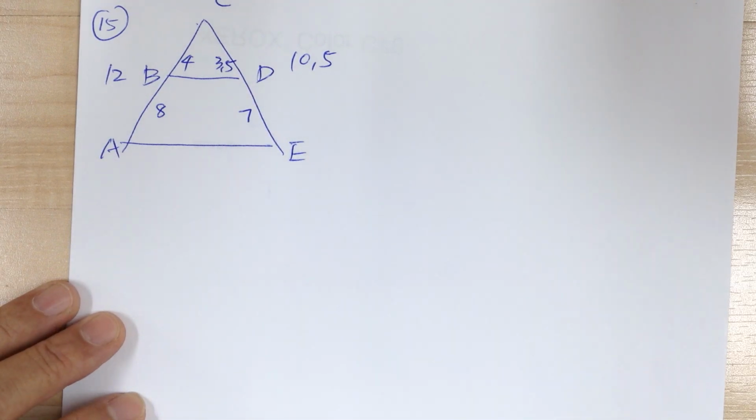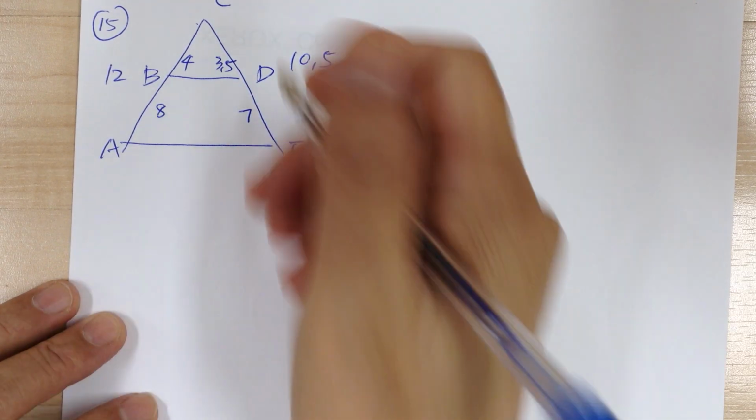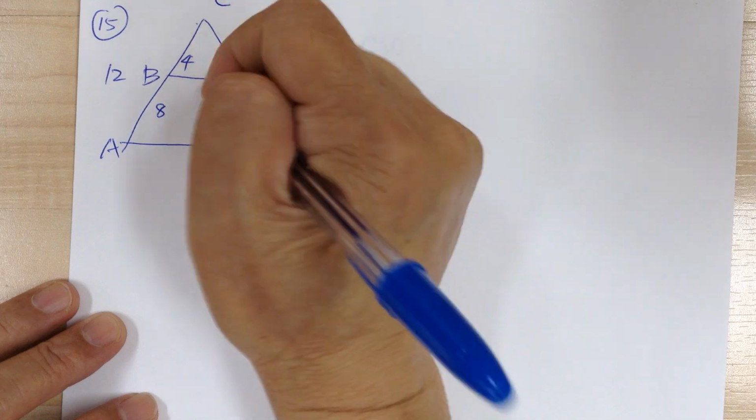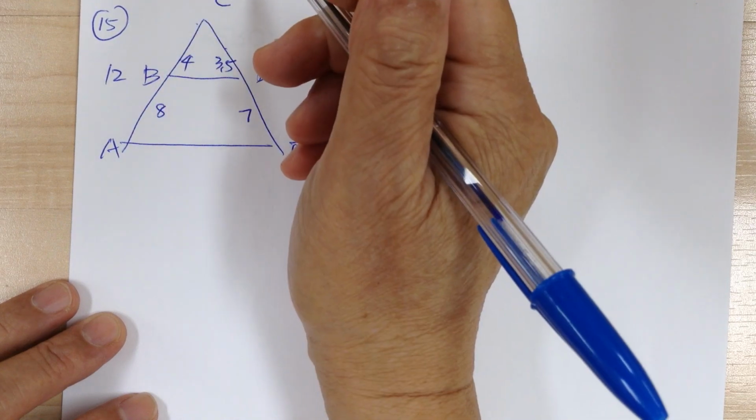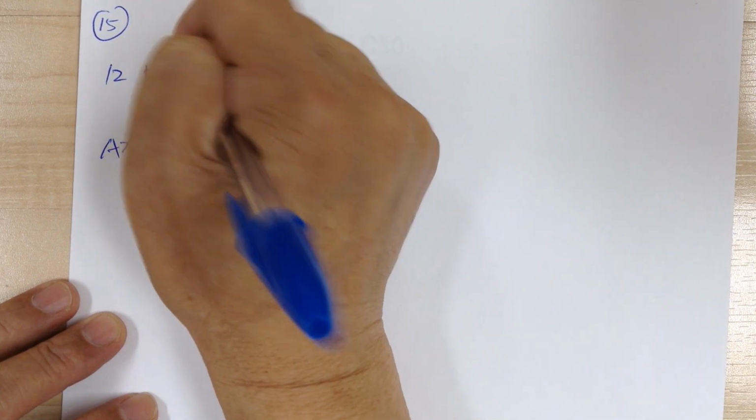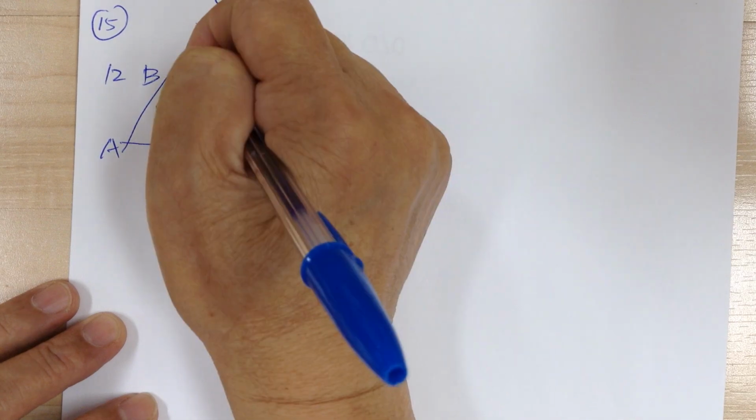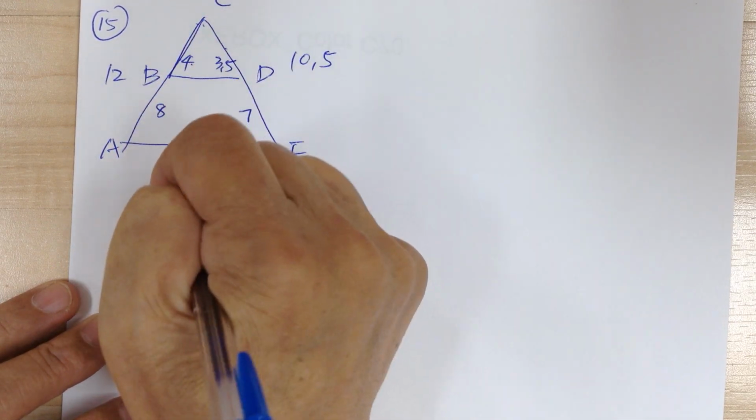Okay, so this one you want to use the SAS. So the small triangle is 4.